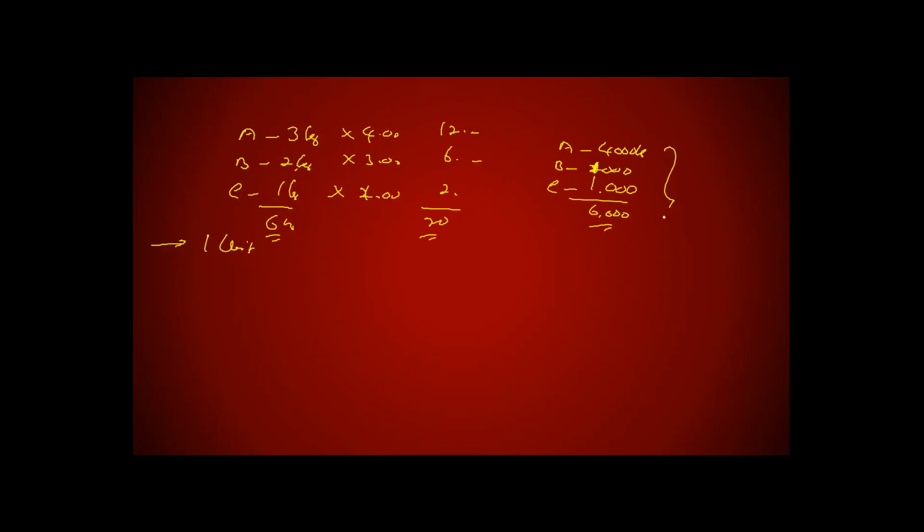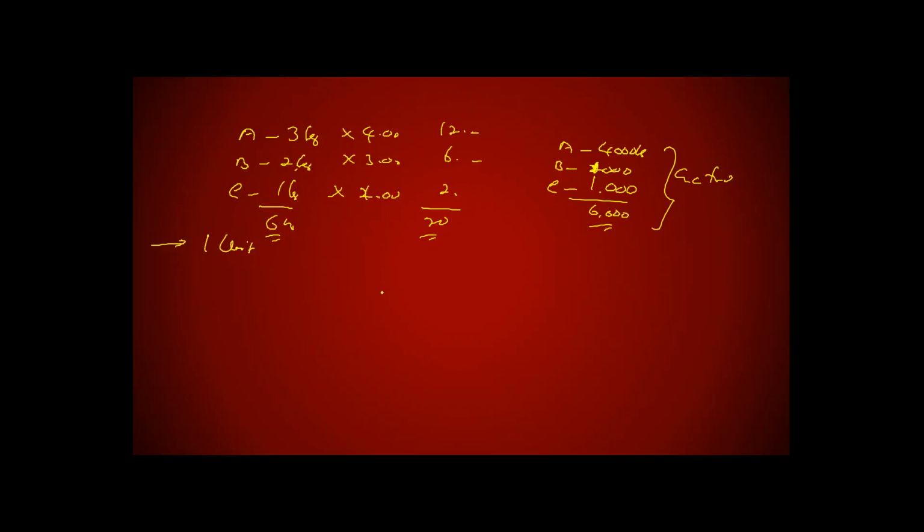This is the actuals for a particular period. We want to see the mix variance arising from this. What we have to do is look at the input. Input is 6,000: 4,000, 1,000 and 1,000.